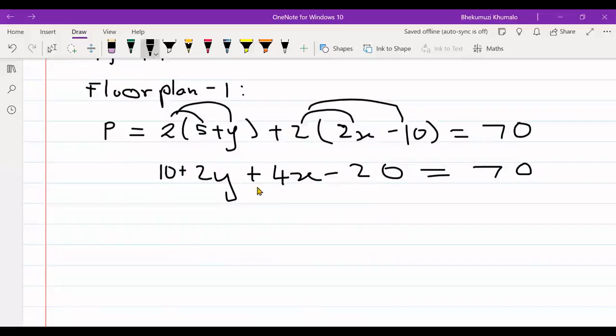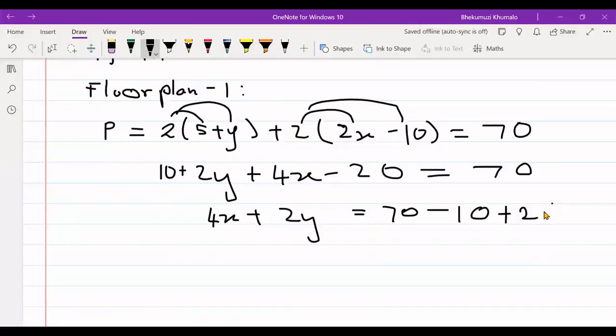And so when we simplify this, we can't do anything with the y's and x. So we can just leave it as 4x plus 2y. And then it's just 70 minus 10 plus 20. So 70 minus 10 is 60 plus 20, it's 80.